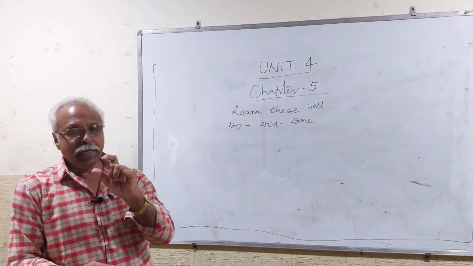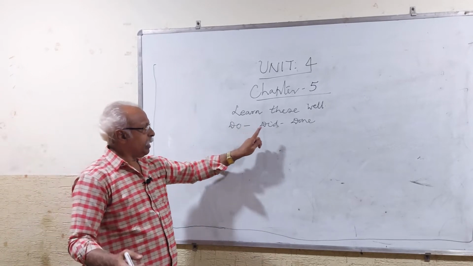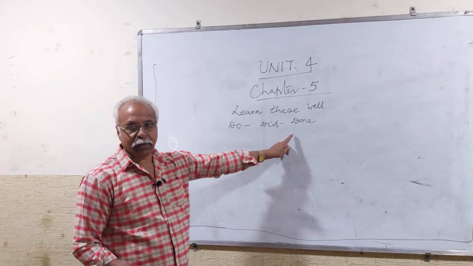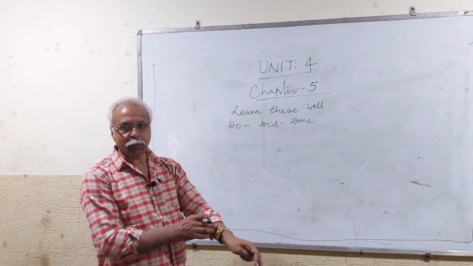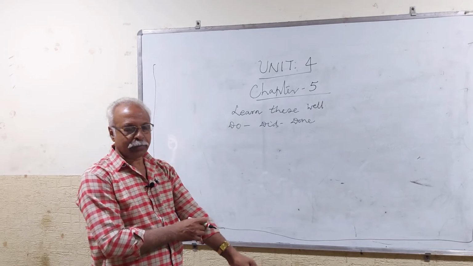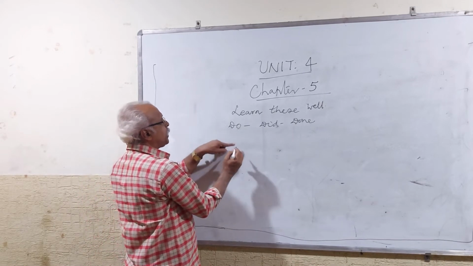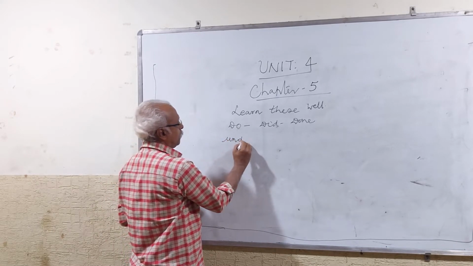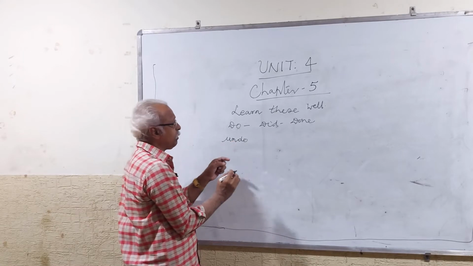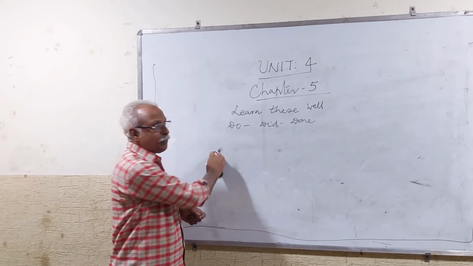Well, pay attention to what I say clearly. First, keep this in mind: do, did, done, three forms. Do is present tense, did is past tense, and done is past participle. Next, from this has come undo. Undo, I told you already, is the opposite of do.